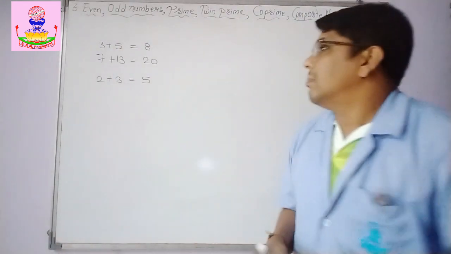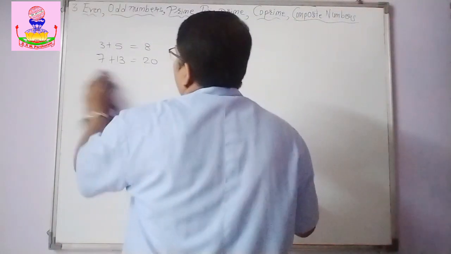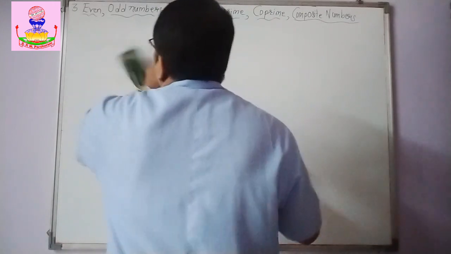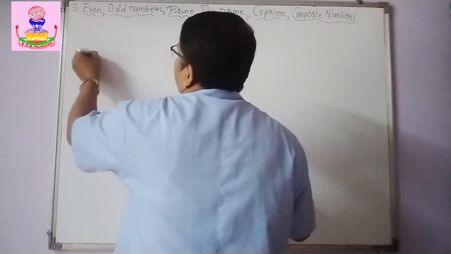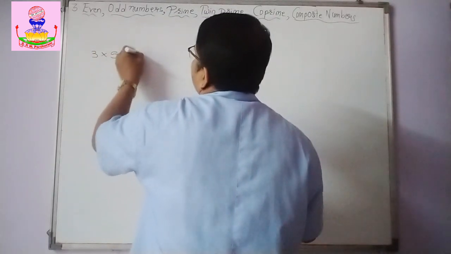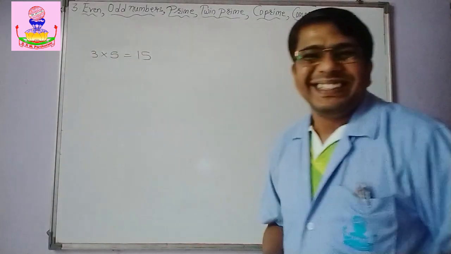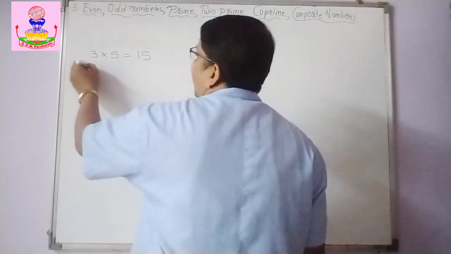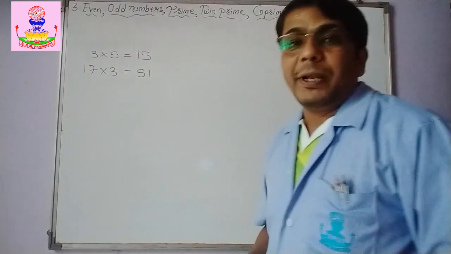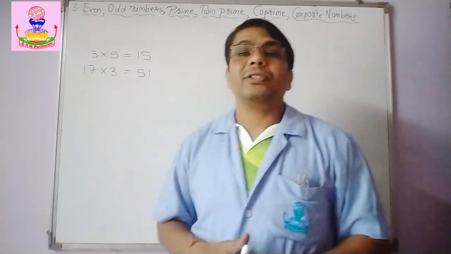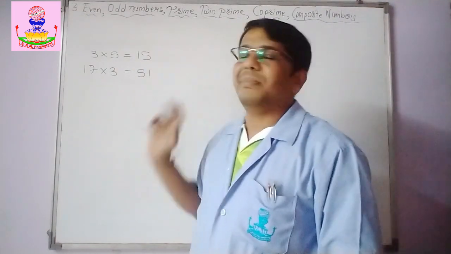Then multiplication. When you multiply 2 odd numbers, what will you get? Suppose I multiply 2 odd numbers: 3 5s are 15, 17 3s are 51. So when I multiply an odd number by an odd number, the product is always an odd number.